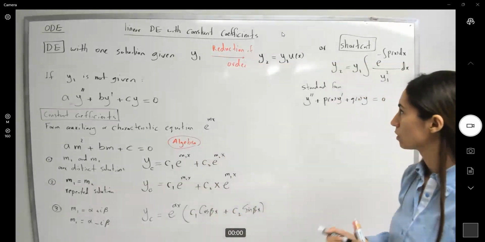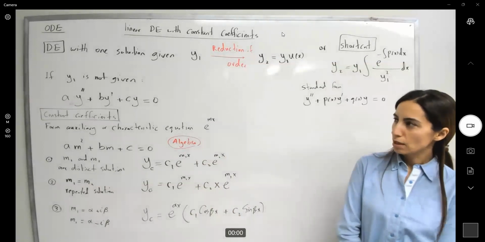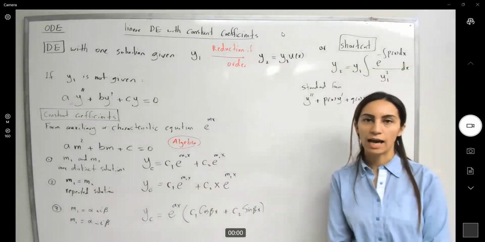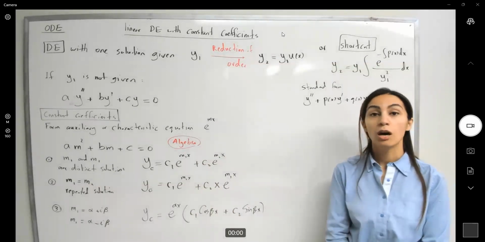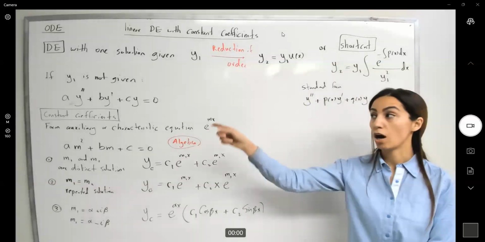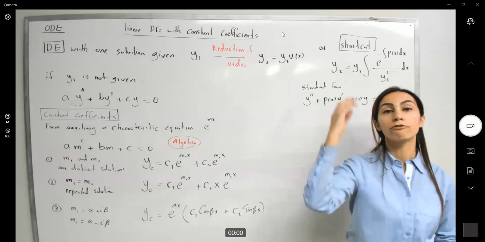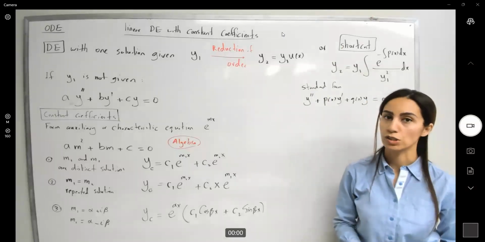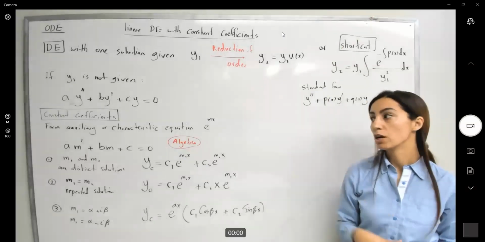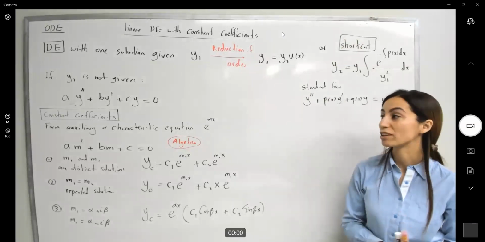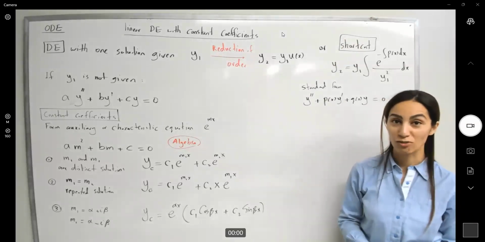Now I expect you to ask, well, what if I have a differential equation of order 3 with constant coefficients? What if I have a differential equation of order 4 with constant coefficients? Can I apply the method of the auxiliary or characteristic equation to solve it?